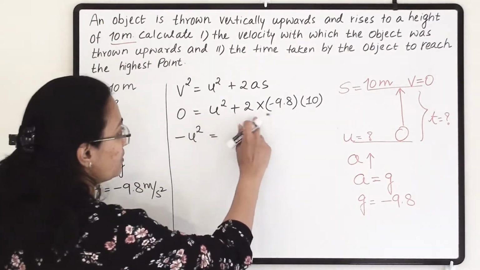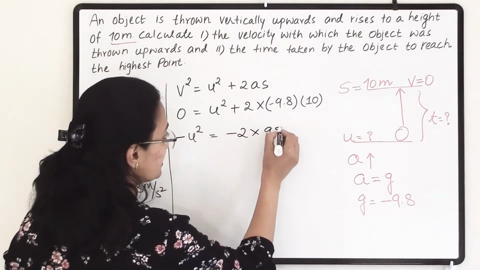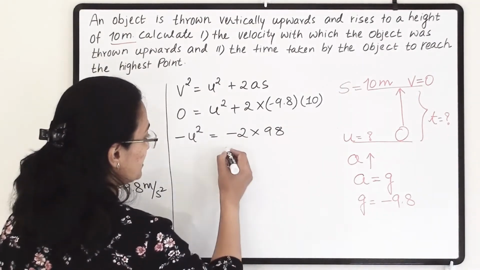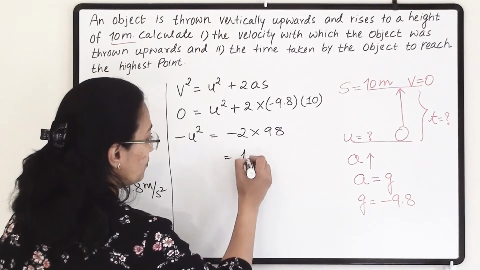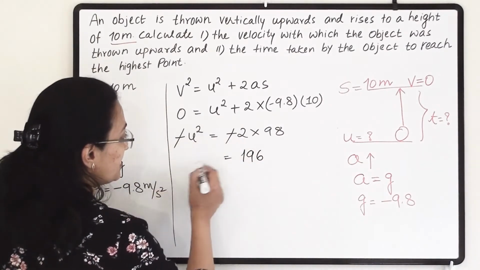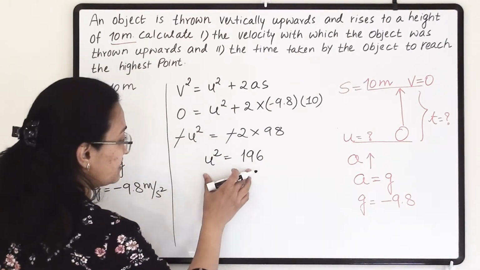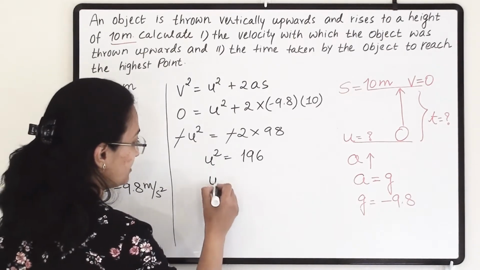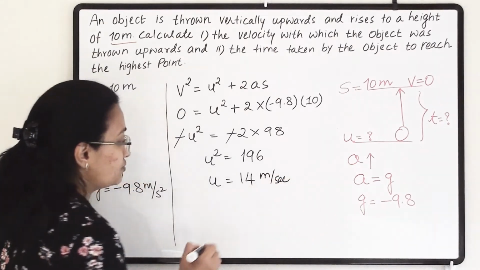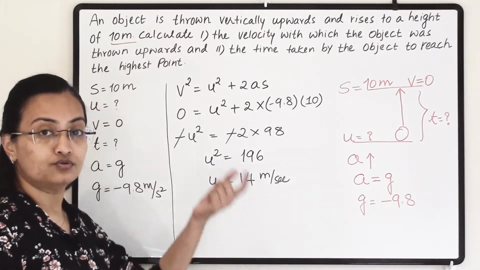Once we solve this, 9.8 and 10 give 98, and 2 into 98 gives 196, and the minus cancels from both sides. So this is u square. When we take the square root on both sides, we get u equals 14 meter per second. So this is the initial velocity of the object which we have thrown upward.